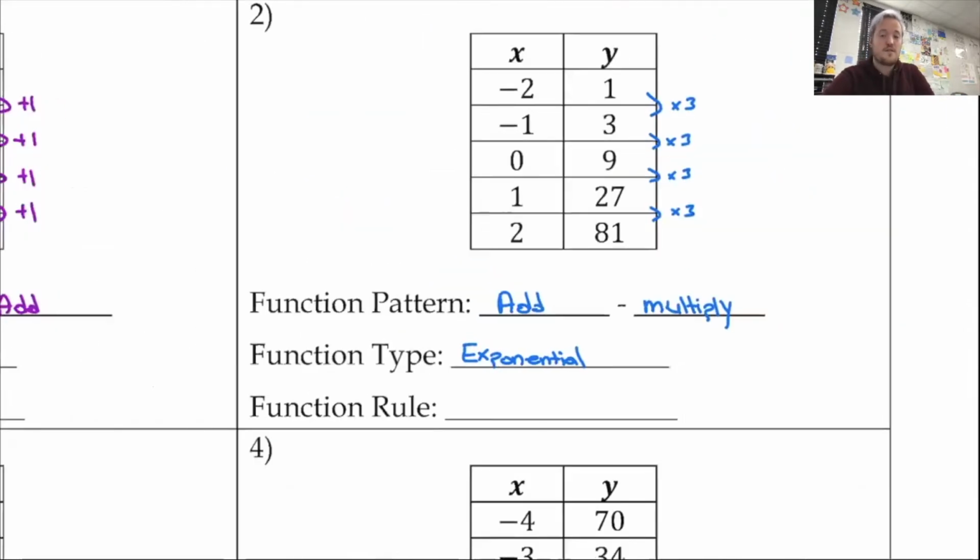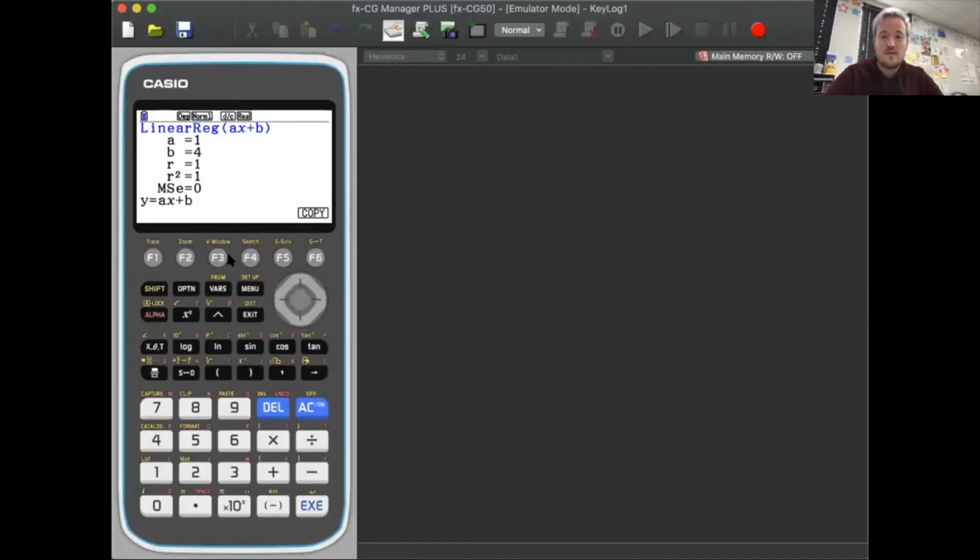All right, so I'm going to follow the same steps as before, but instead of pressing F1, I'm going to toggle over using F6 and then press F2, I think, F2 or F3. Okay, so I'm going to go back over to the Casio, and now we're going to do an exponential regression.